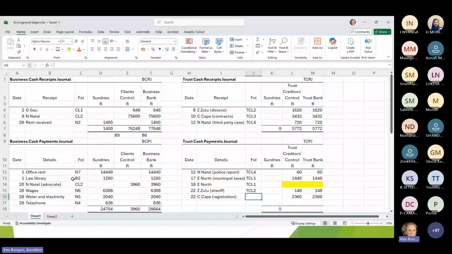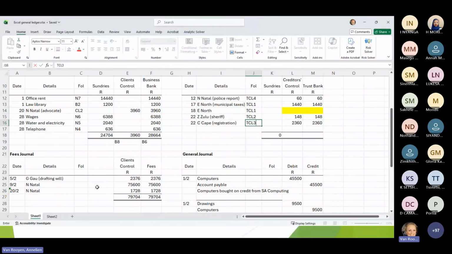What will we use for C Cape? TCL3. Good, TCL3. Okay. Is that clear to everybody? That is where that comes from. If we quickly go down here, how was CL1? CL1. Natal was CL2. CL2. Okay.